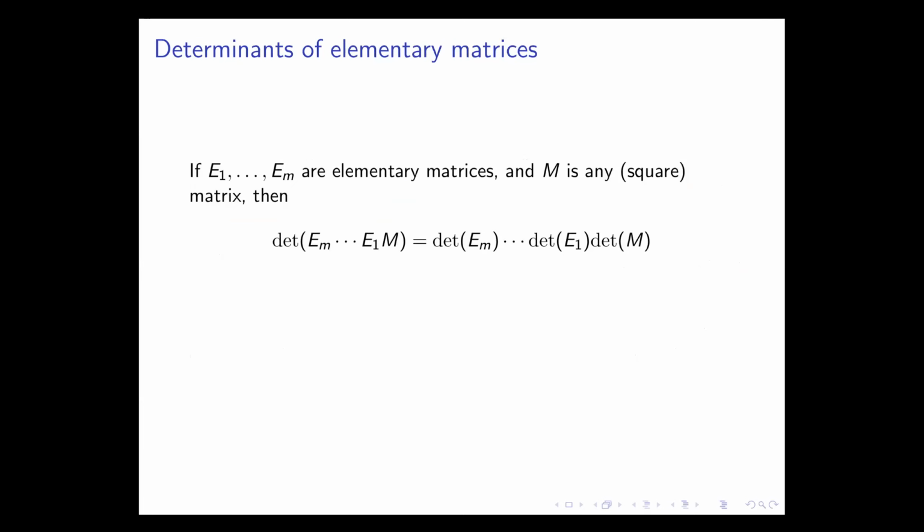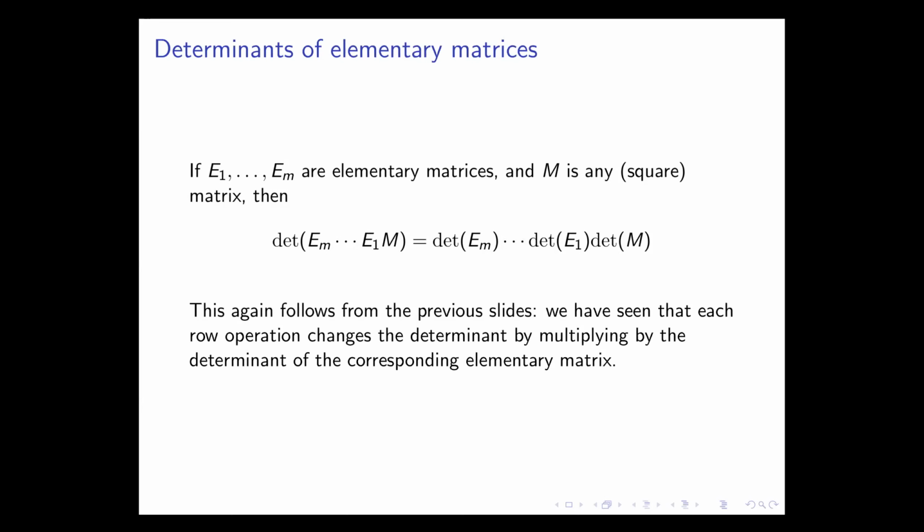Now, if E1 through EM are elementary matrices and M is any square matrix, then the determinant of the product is equal to the product of the determinants. That follows from the previous slides. We have seen that each row operation changes the determinant by multiplying by the determinant of the corresponding elementary matrix.